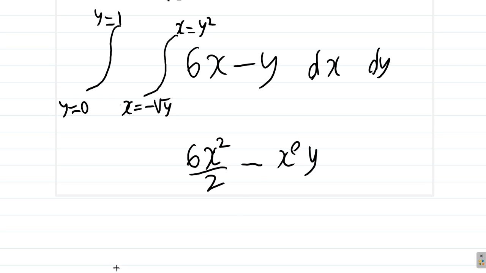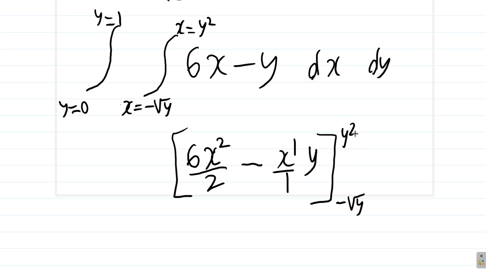So you add 1 to the old power 0 to get a new power 1 and divide by that new power. Because this is really 1 times y, but that one is x to the 0. But you should remember that by now. It's a definite integral, so you're going from x equals negative square root of y to x equals y squared.